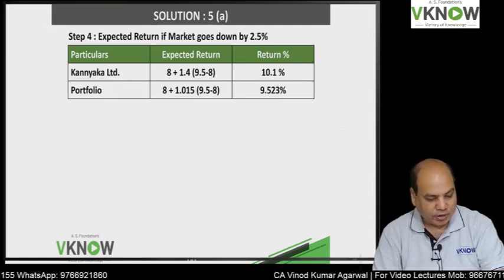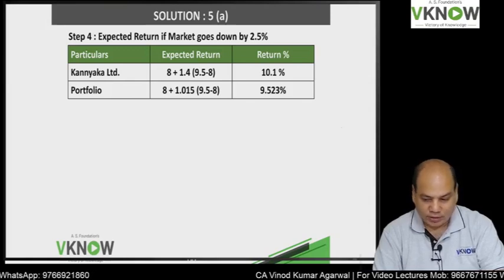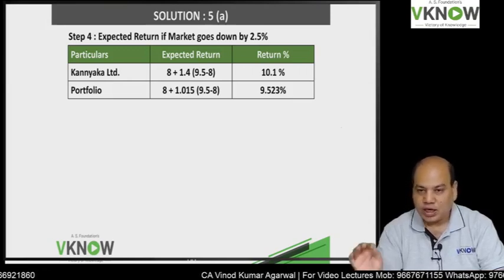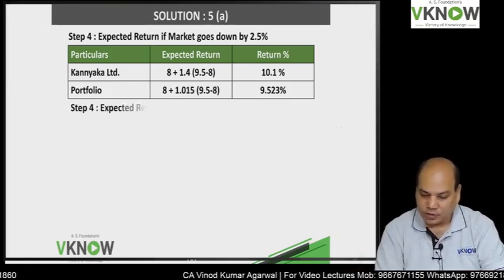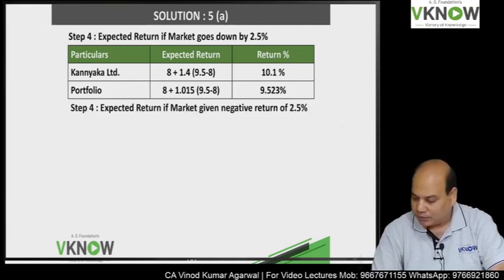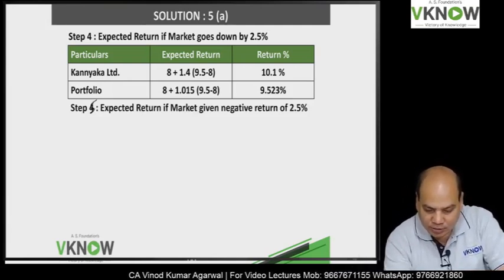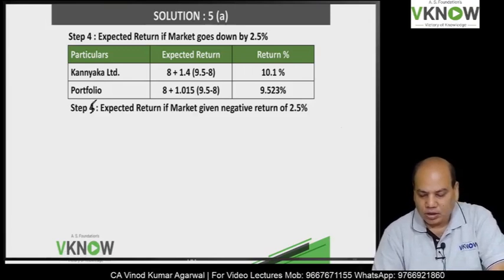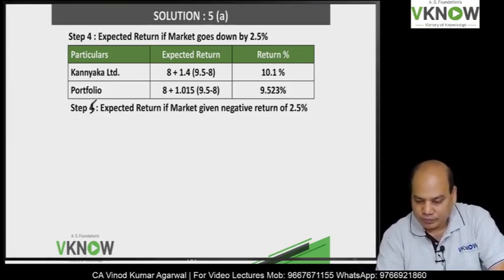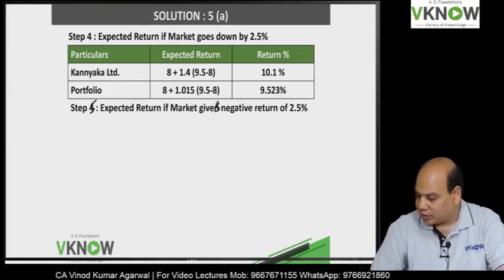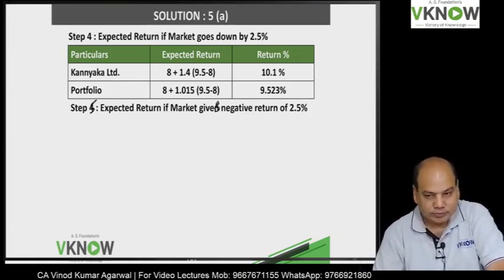Part C pending. If the market gives negative return of 2.5%, which means RM will be minus 2.5. Come on, students. Step number 5, write down. Expected return if the market gives negative return of 2.5%.